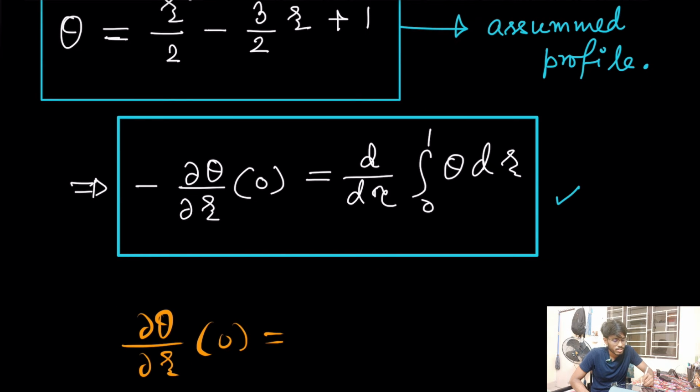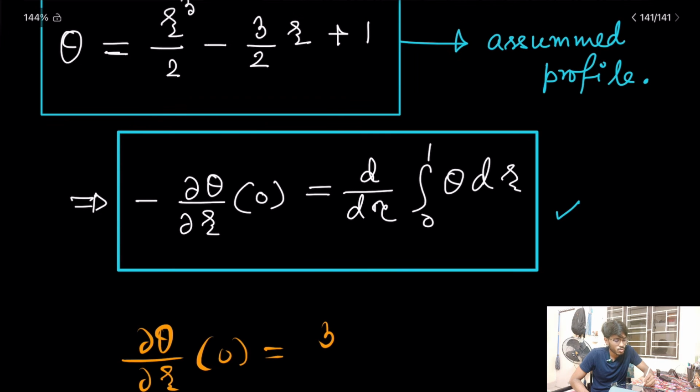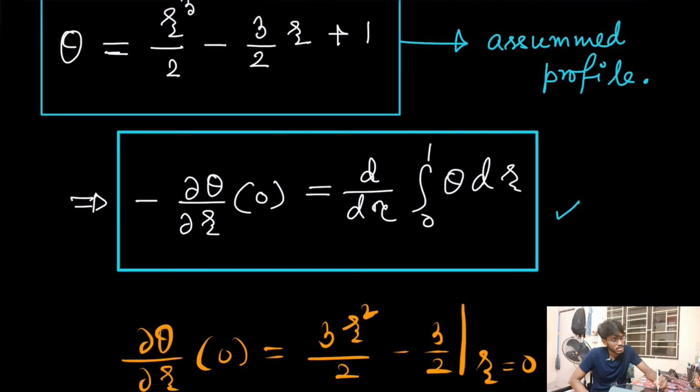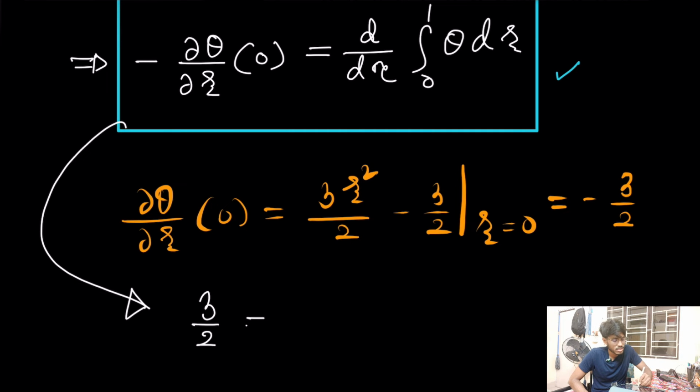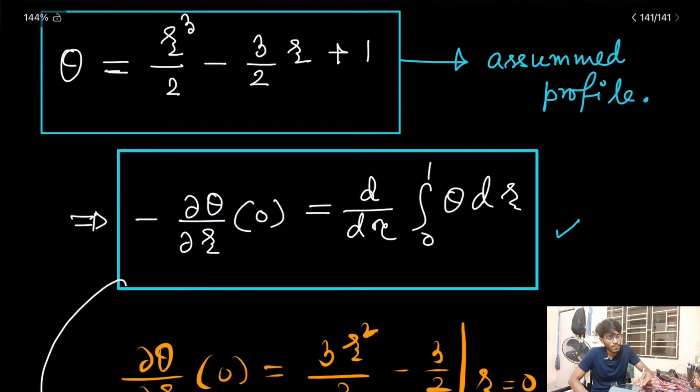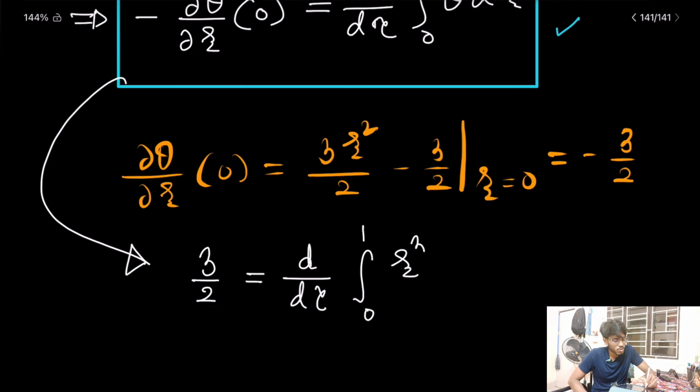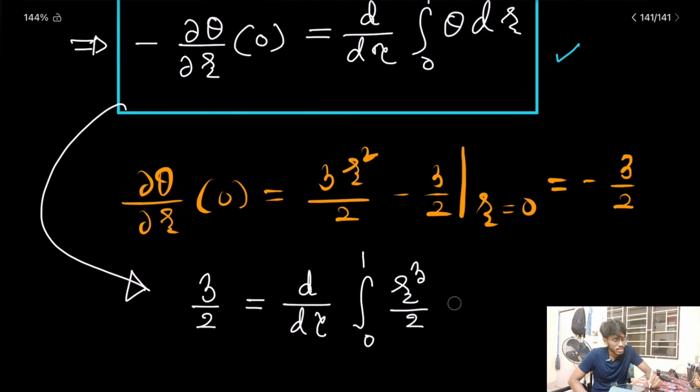Okay. So firstly, I have to find this del theta del zeta at zeta equal to 0. Again, please don't forget to see what we call these variables, zeta or xi. From this assumed profile, you have to tell me. This will be 3 zeta square by 2 minus 3 by 2, at zeta equal to 0, that is minus 3 by 2. So this we got. That means now this equation will become 3 by 2, because this thing is minus 3 by 2, is equal to the integral from 0 to 1 of zeta cube by 2 minus 3 by 2 zeta plus 1.